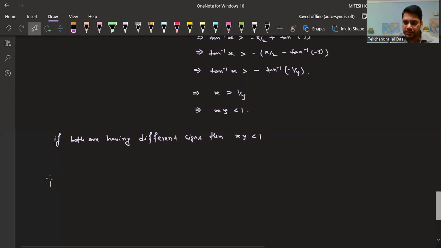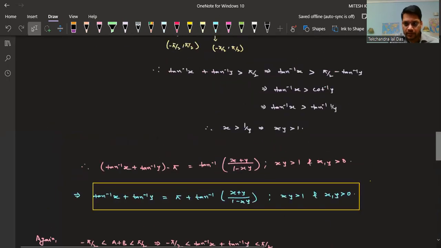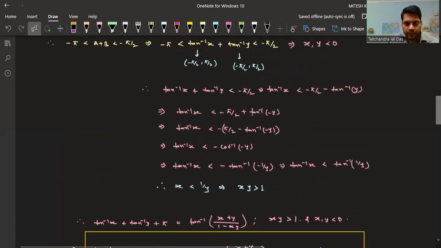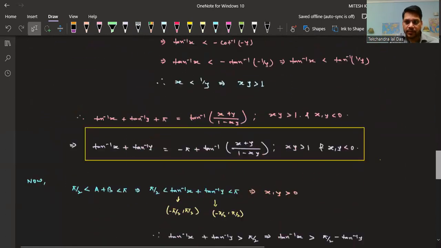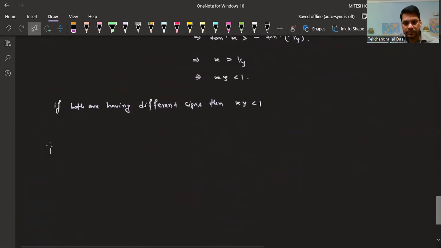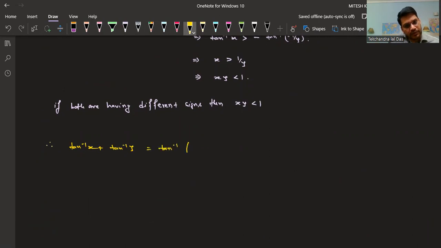Let's see the branch once again. See this one, simply a plus b. Or write simply tan inverse x plus tan inverse y equal to tan inverse of x plus y by 1 minus xy, and this is for xy less than 1.